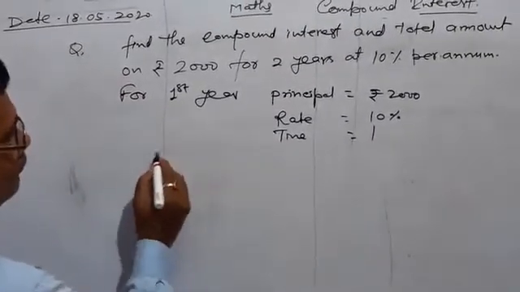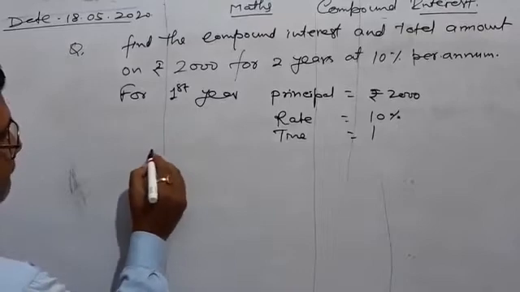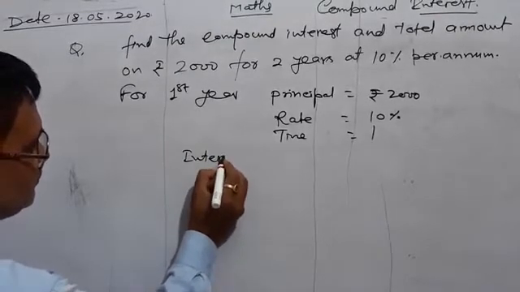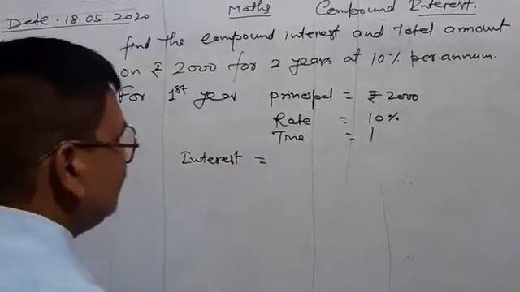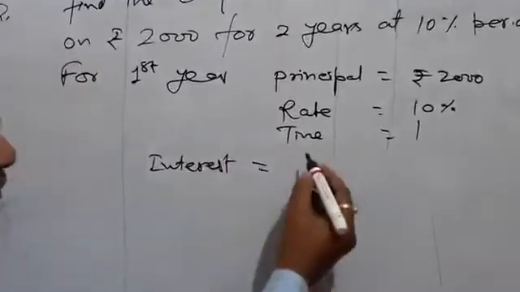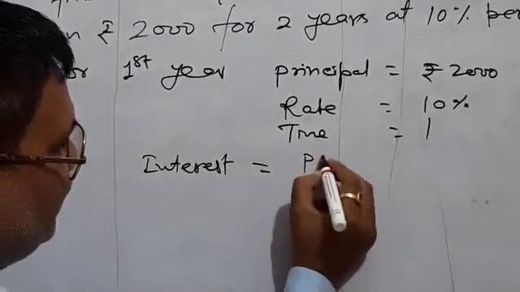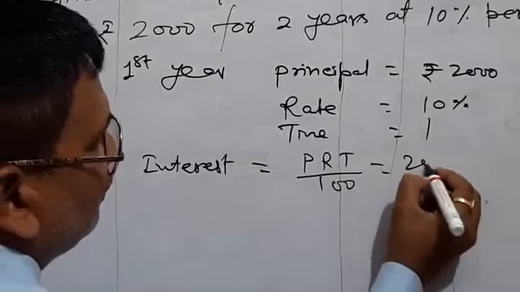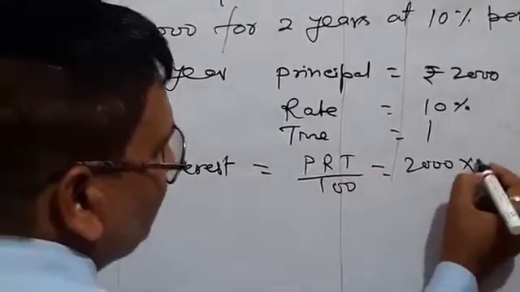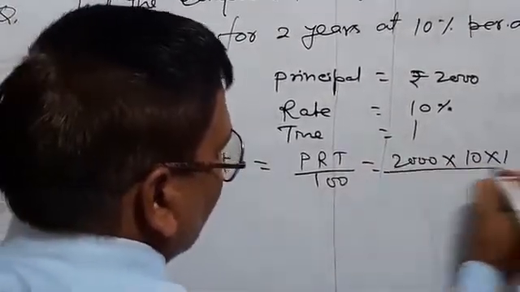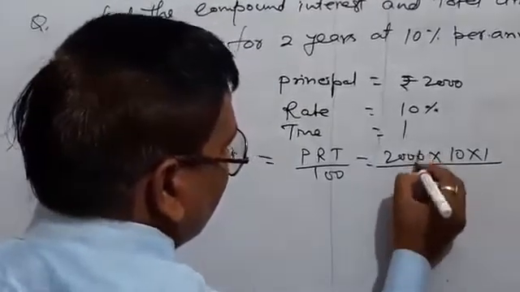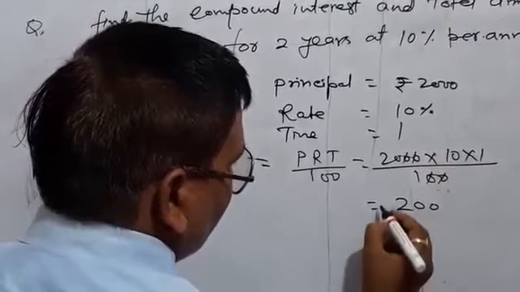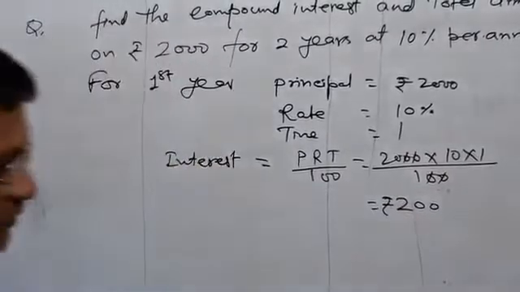Interest is equal to PRT upon 100, which is 2000 into 10 into 1 upon 100. You have 200 rupees.